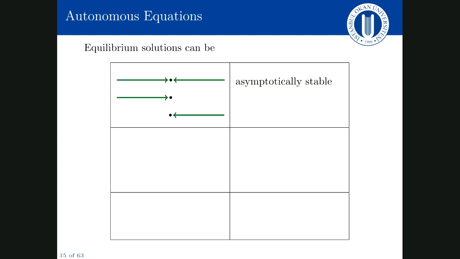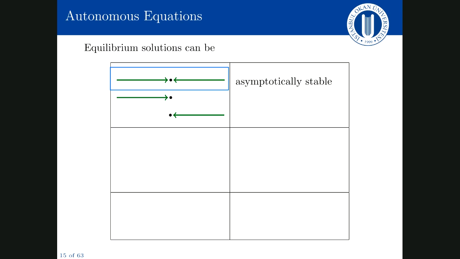If all of the green arrows around the point are pointing towards the point, then the equilibrium solution is asymptotically stable. If we have an interior point, we would expect to have an arrow on the left and an arrow on the right. If they're both pointing towards it, then we know that the equilibrium solution is asymptotically stable.